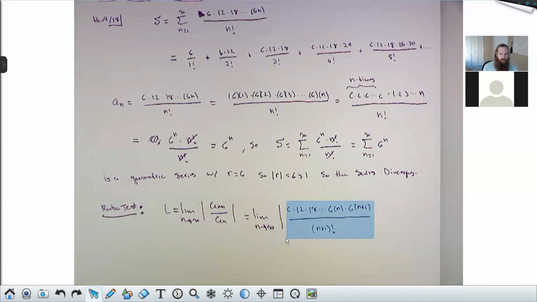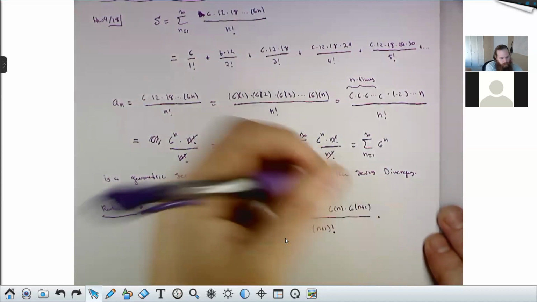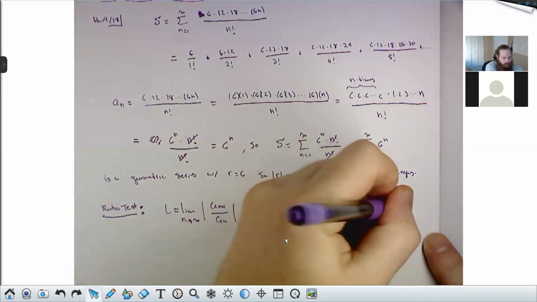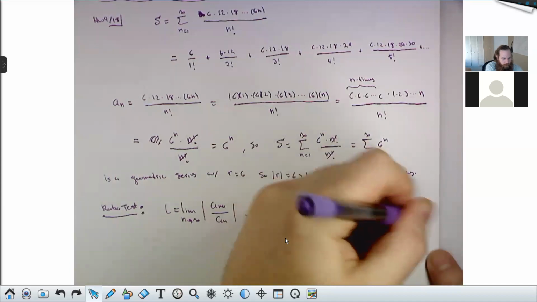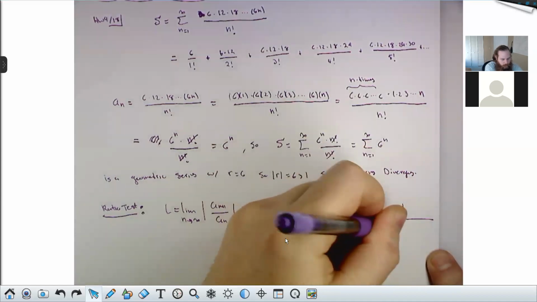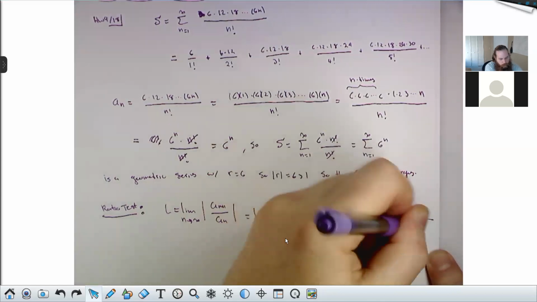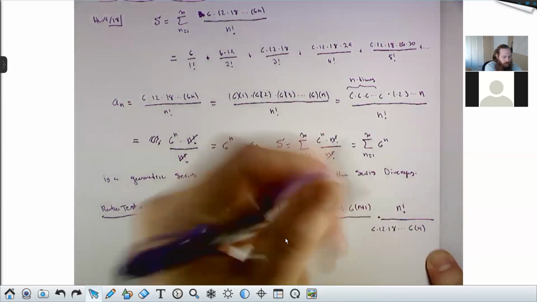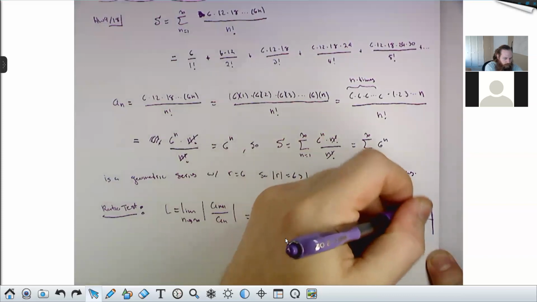So this is a_{n+1}. And then a_n, I need to divide by a_n, so that would be multiplying by n factorial over 6 times 12 times 18 all the way up to 6n. And this is all in absolute values.